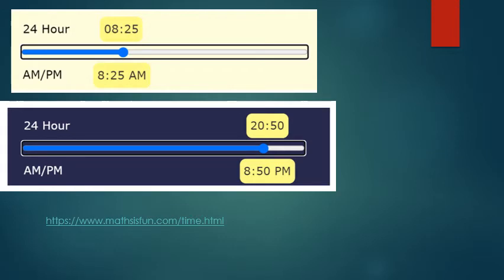I have put a link to a website just down here where you will find the pictures that we've just looked at, the diagrams that we've just looked at. mathsisfun.com/time. If you head over there, there are also these which show the time really clearly. You can move this up and down and it shows you whether it is night or day. As you can see, this top one here is AM, so it's the morning, it's light in the background.